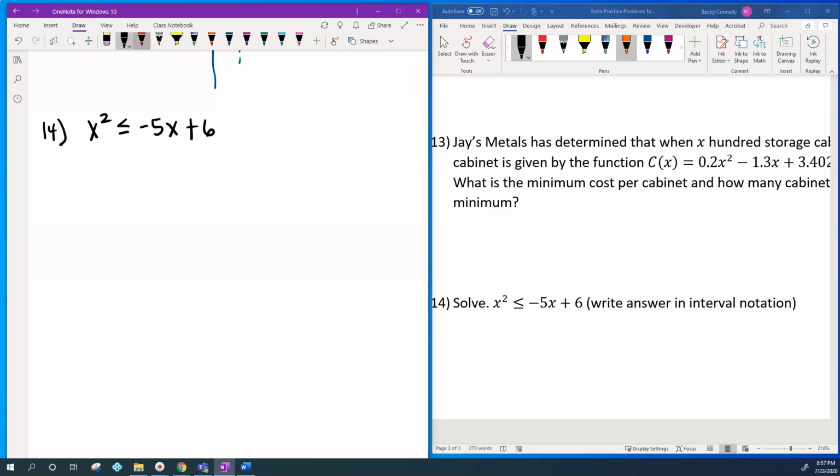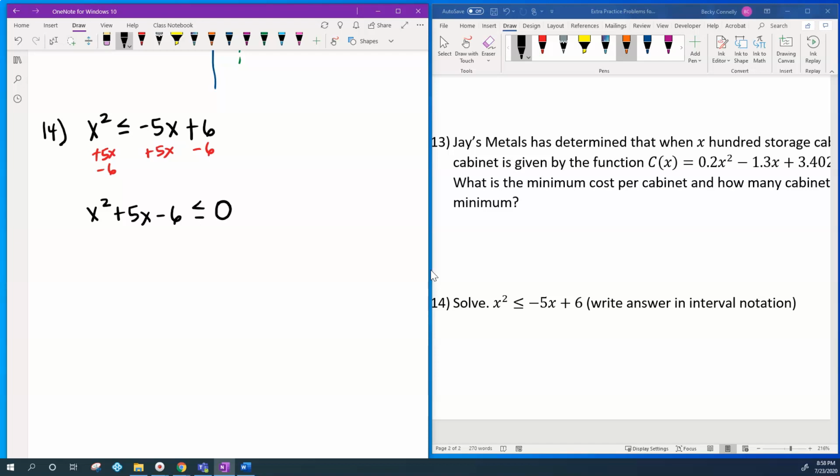So meaning I would add 5x over and I would subtract 6 over. And so then that's going to give me x squared plus 5x minus 6 is less than or equal to 0.